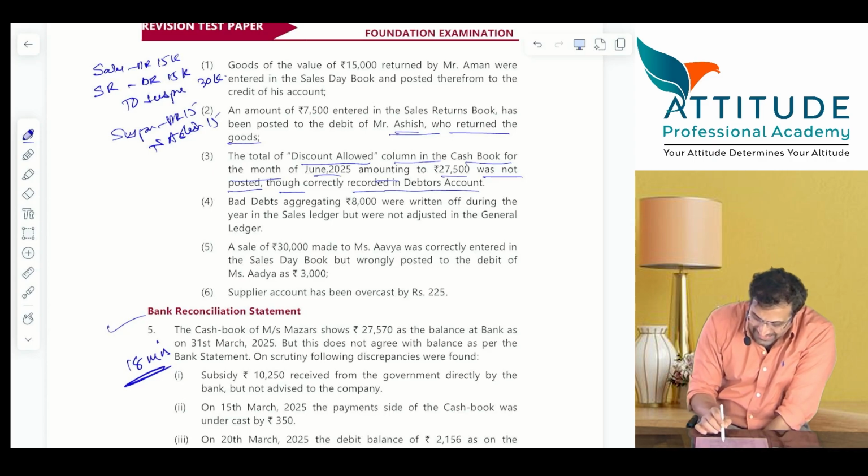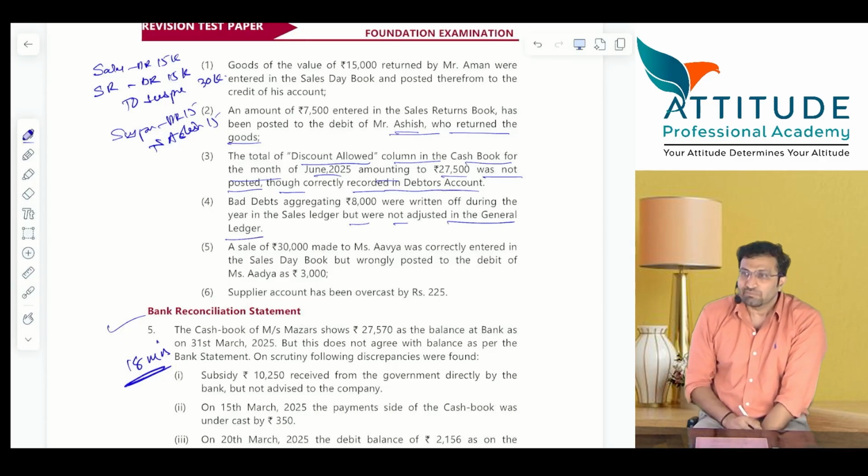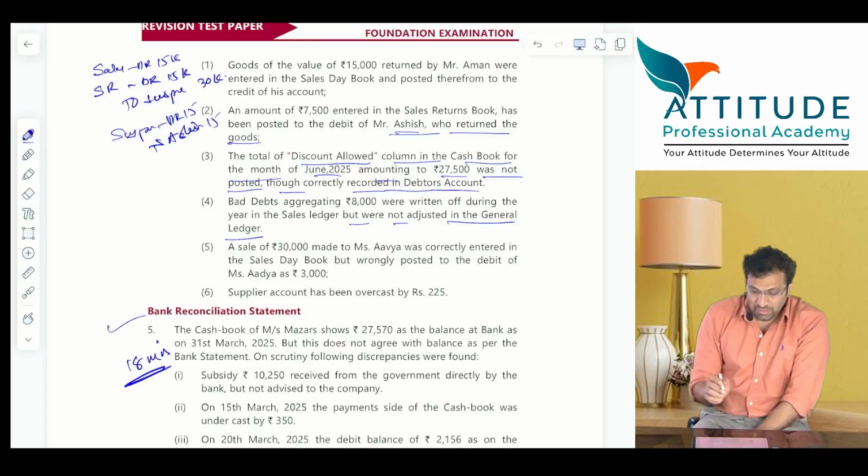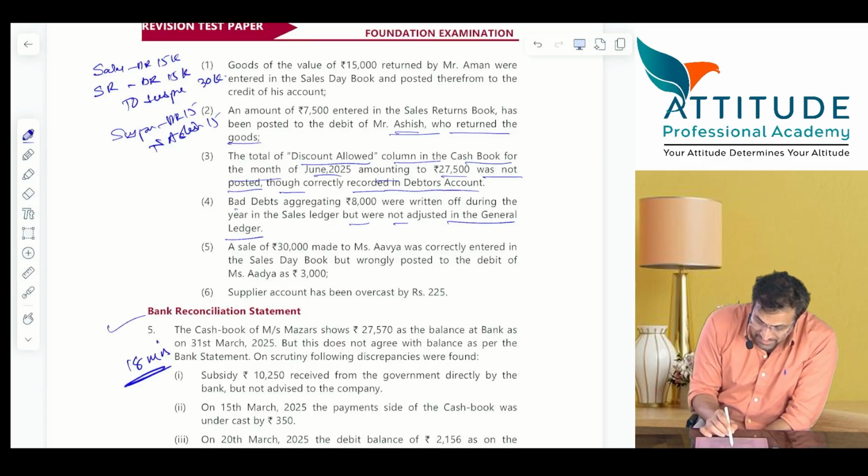Then bad debts aggregating to 8,000 were written off during the year in the sales ledger, but were not adjusted in general ledger. This is the thing which you have to understand. क्या दिया देखो इधर.